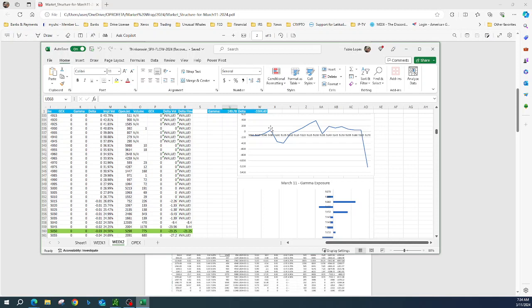And dealers squeeze people up to 5,109. I also highlighted that every single retailer is supposed to be short SPX at 5,150.